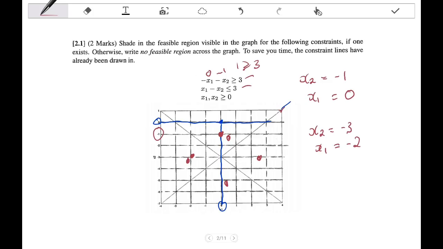Here we're testing the first constraint. x1 is -2, and -2 times -1 is 2, and -3 times -1 is plus 3, so 5 is greater than 3. Then check the second one.